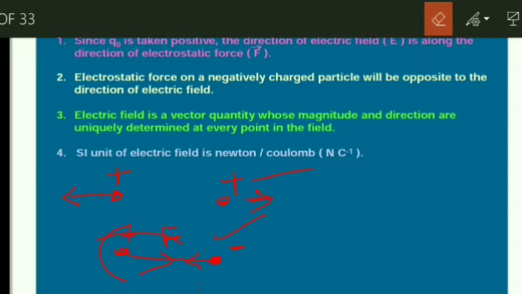So friends, this will be electric field in negative charge case, and in positive charge case electric field will be in the direction of electrostatic force. So if this is direction of force, electric field will be in same direction.